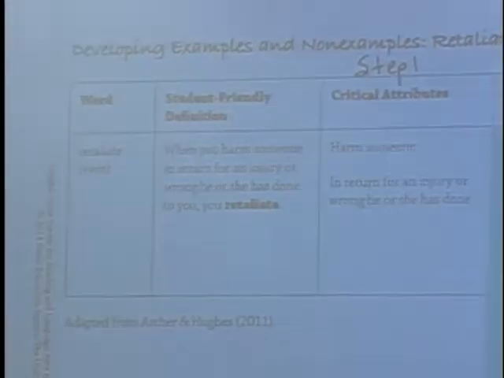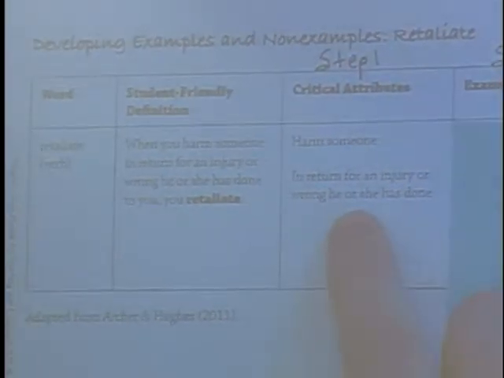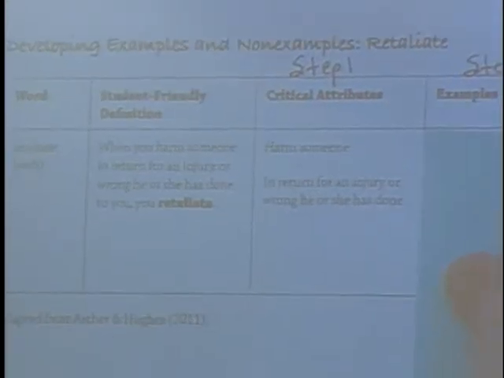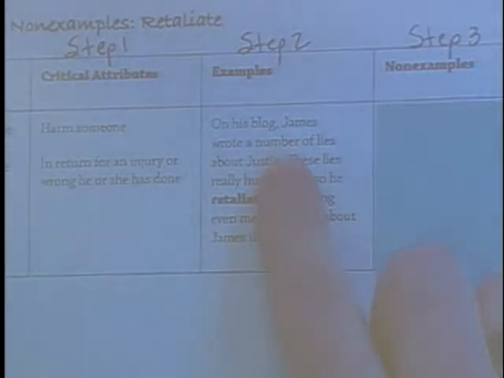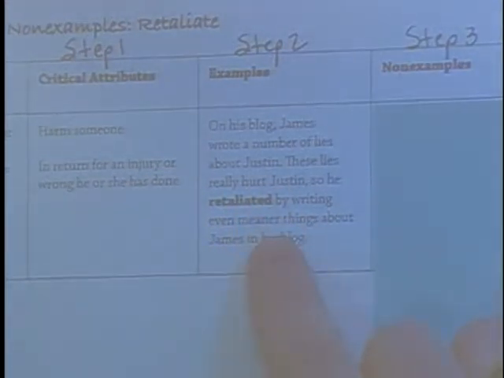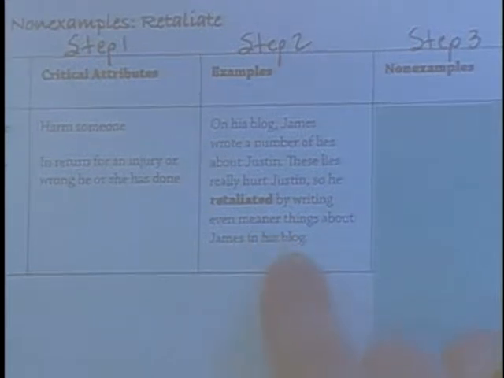Harm someone in return for an injury or wrong he or she has done. Let me show you my example. On his blog, James wrote a number of lies about Justin. These lies really hurt Justin, so he retaliated by writing even meaner things about James in his blog.